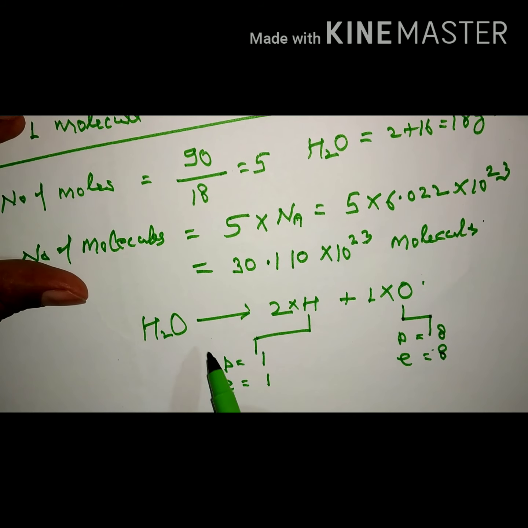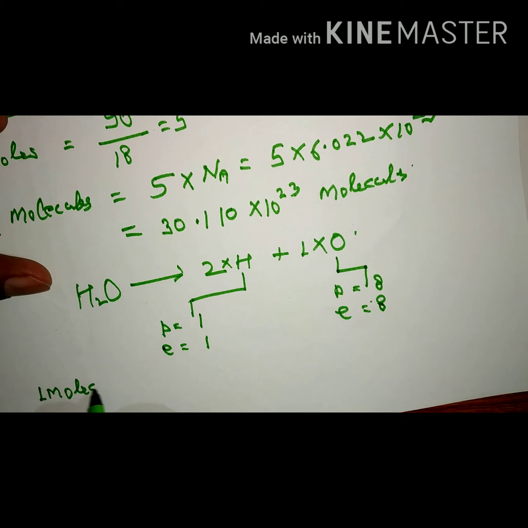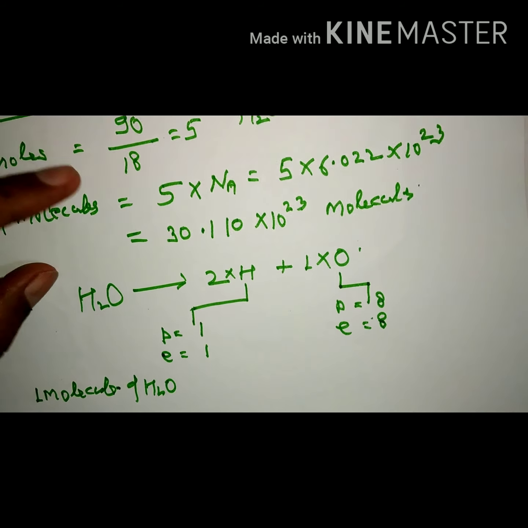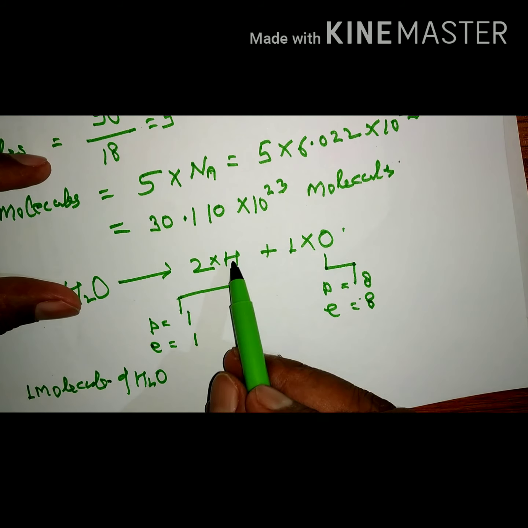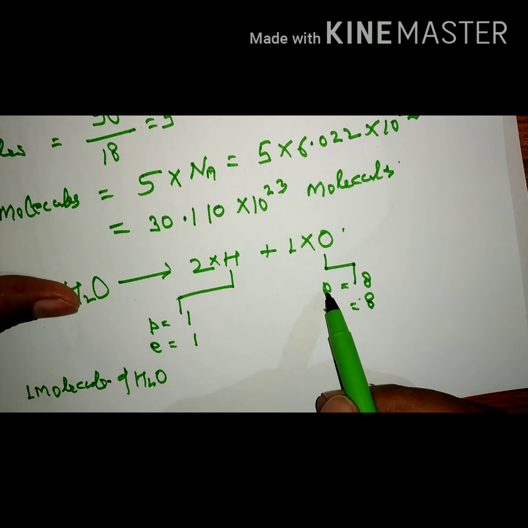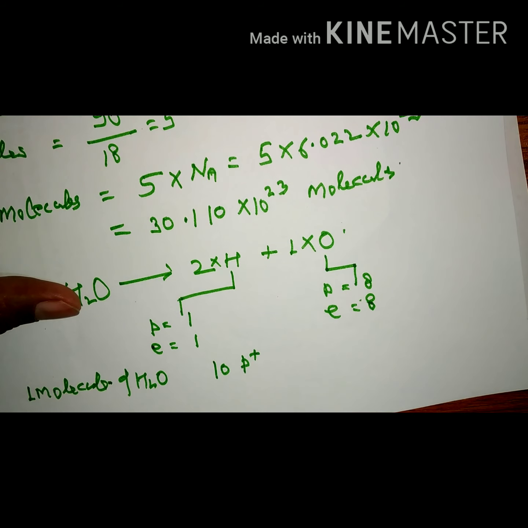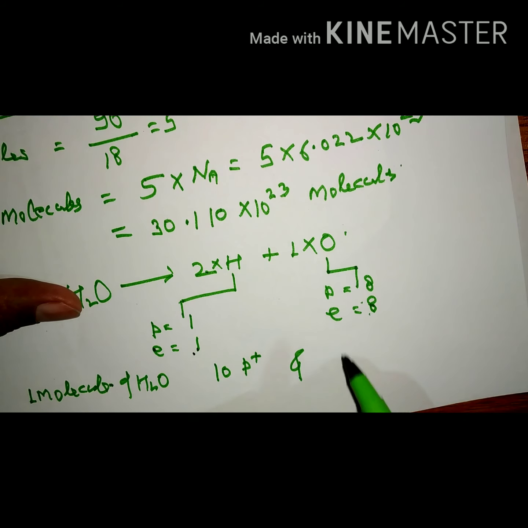Thus, in one molecule of H2O, 2 protons from the hydrogen atoms and 8 protons from the oxygen, that is 10 protons, and 2 electrons from hydrogen atoms and 8 electrons from oxygen, that is 10 electrons.